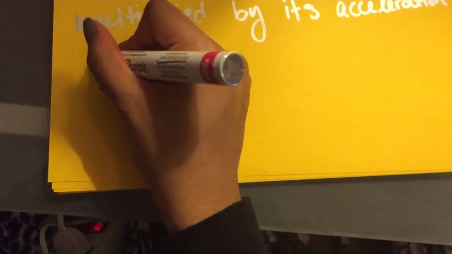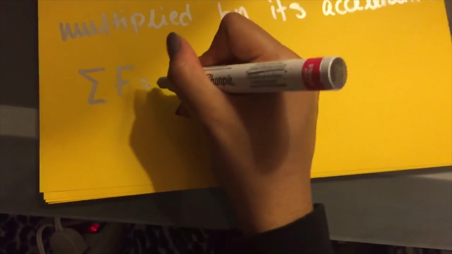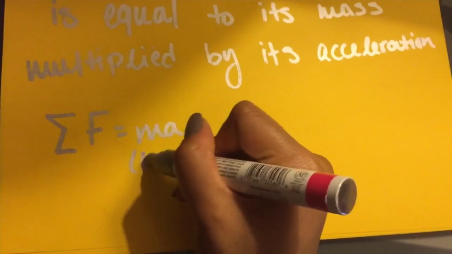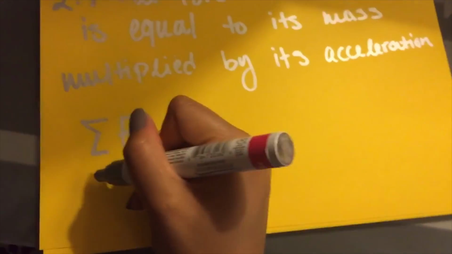So what this means is that it's the formula that I wrote at the beginning. The sum of all forces equals mass times acceleration, mass being in kilograms and acceleration being meters per second squared, and force being in newtons.